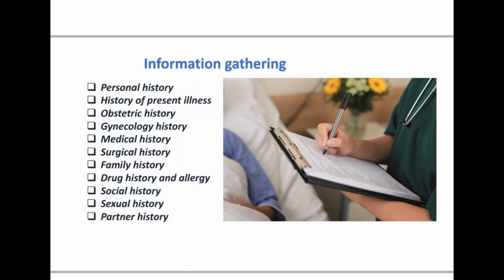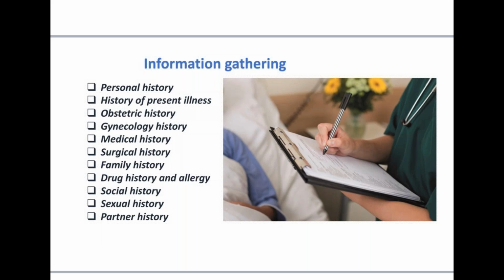We need to know their blood groups, and any concerns about blood transfusion should be asked in the history, because some patients may have an advance directive to reject any blood products, like Jehovah's Witnesses. We need to respect their wishes and not transfuse any blood products. But we need to know, because we need to take other precautions in case they are anemic or at risk of bleeding. We need to counsel them well and take full written consent for that, okay?